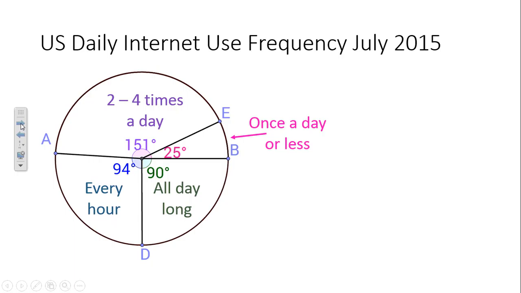So we have the frequency of internet use in the US as information, or as data. Statista gave us this information, and I changed it to a chart with angle measures in it. So when we look at this, we can see that a fourth of the people, 90 degrees of this pie, of this circle, uses the internet all day long.